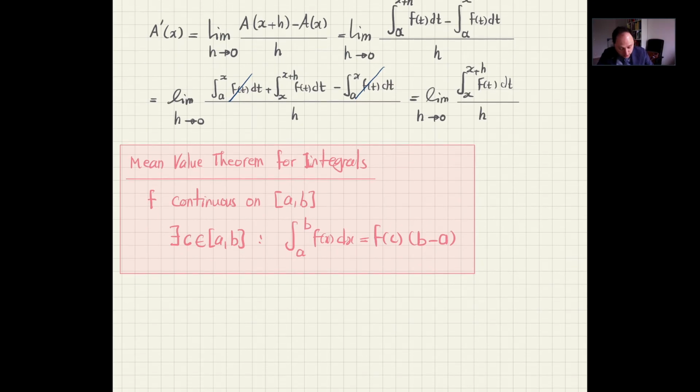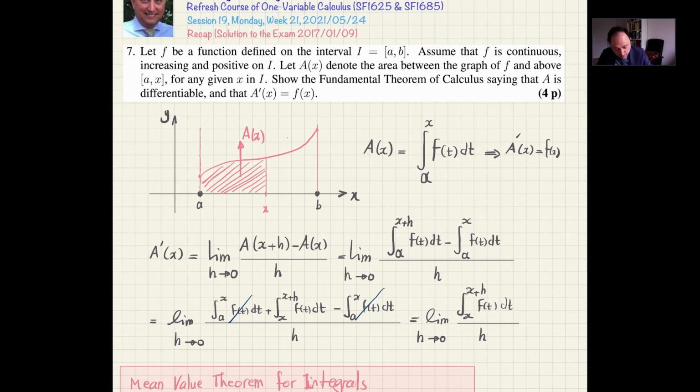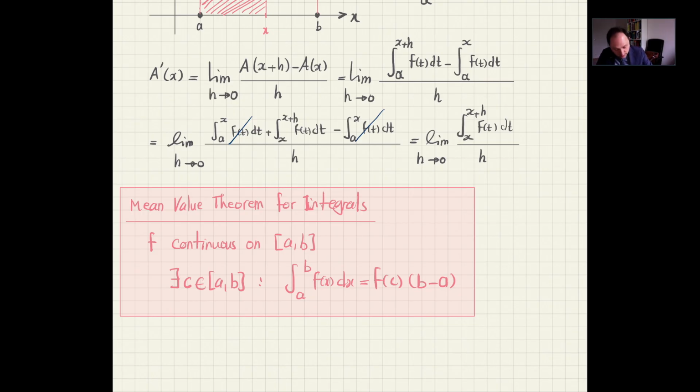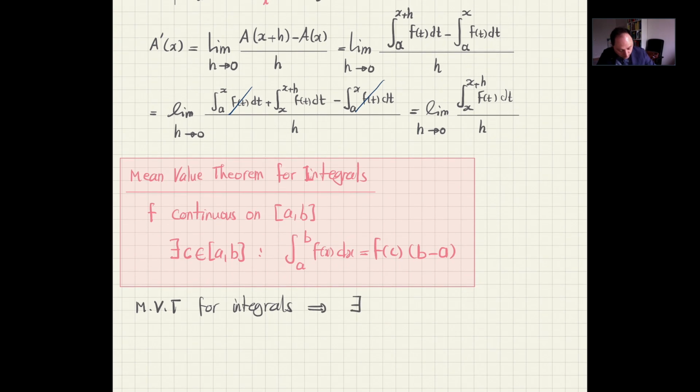Okay, so now I can use this mean value theorem because here it is guaranteed that this function f is continuous on that interval. So what I can write, I can say that the mean value theorem for integrals implies that there exists a c between x and x plus h.